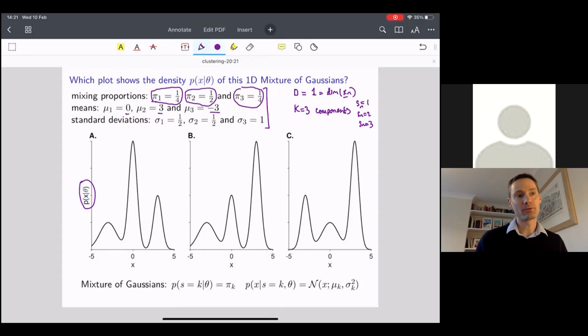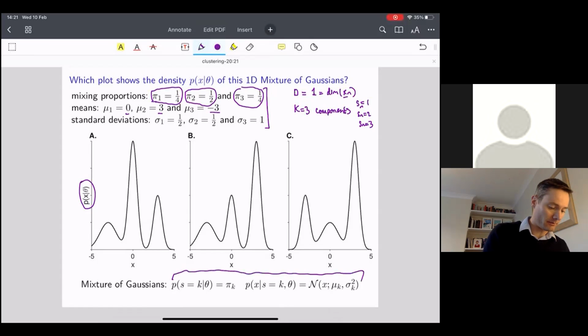So first off, before we talk about the correspondence, I just wanted to run through a little bit of algebra that connects the equations at the bottom here, the description of the model in terms of p of s and p of x given s, to the actual distributions which are plotted in the 3 subplots here. In a bit more detail, I want to show you how to calculate p of x given theta from the model description.